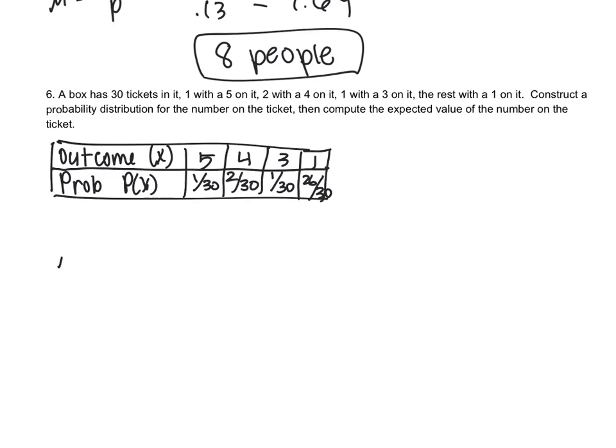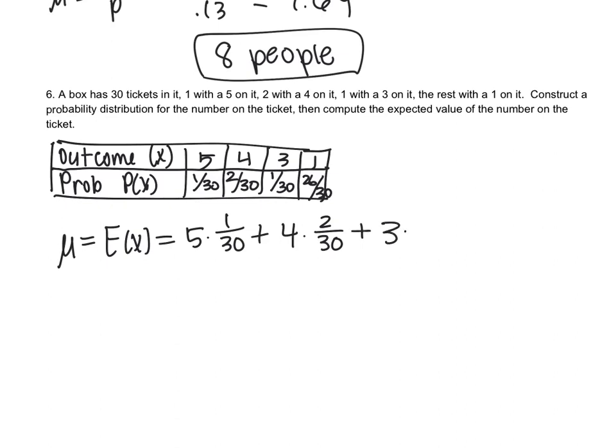The expected value is the mean. So in order to calculate the expected value, we have to take each outcome, multiply it with its probability, and add them together. So we're going to do 5 times 1 out of 30 plus 4 times 2 out of 30 plus 3 times 1 out of 30 plus 1 times 26 out of 30.